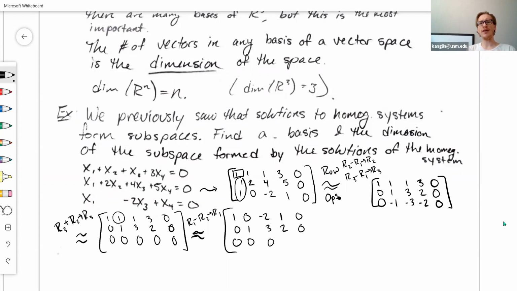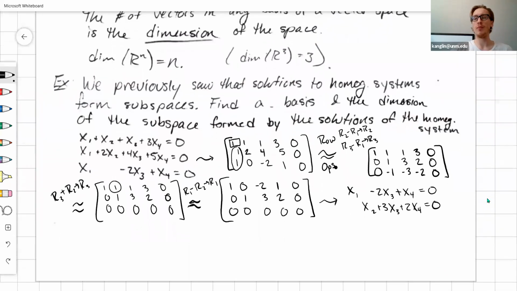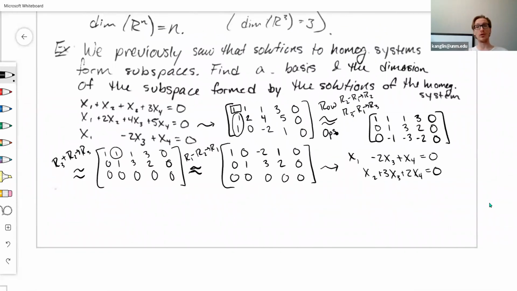Okay, so finally, I have got this in reduced row echelon form, and I want to unpack this back into equations. When I do that, I get x1 minus 2x3 plus x4 equals 0, and I get x2 plus 3x3 plus 2x4 equals 0. Now, what do I do? If you remember from here, to find the general solution, what we would do is identify our free variables, right?